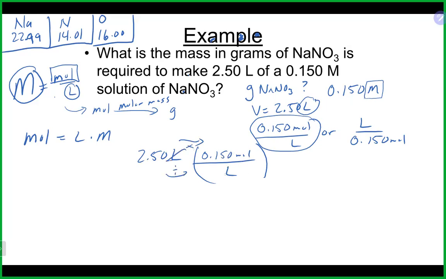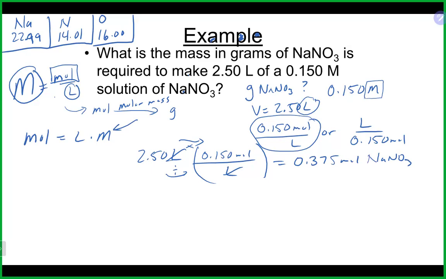The liters will cancel, and that will give us our moles, in this case, of sodium nitrate, which is 2.5 times 0.15, and that's going to give us 0.375 moles of sodium nitrate in this case. That, by the way, is pretty much the exact calculation you get by rearranging the equation. Any questions on that so far?